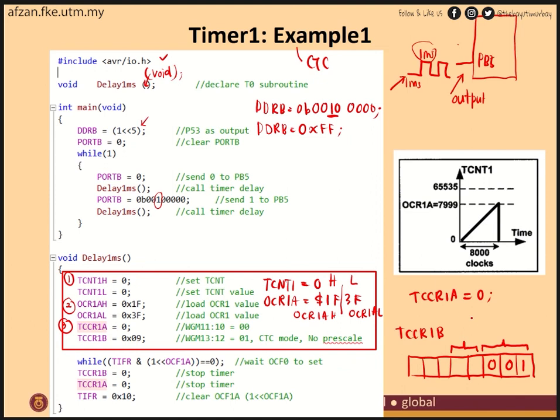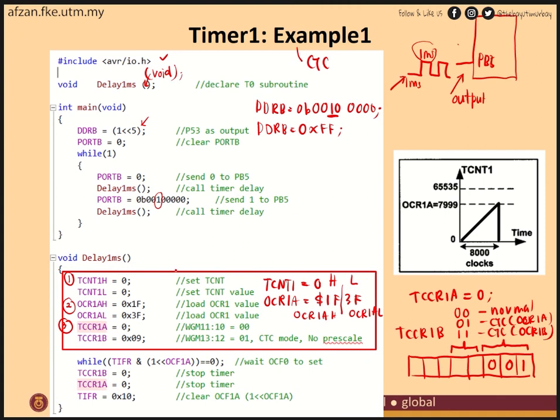If you put 0, 0, it's a normal mode. If you put 0, 1, you use it as a CTC, but you use the OCR1A register. If you put 1, 1, this is another CTC, but you're using the OCR1B register.